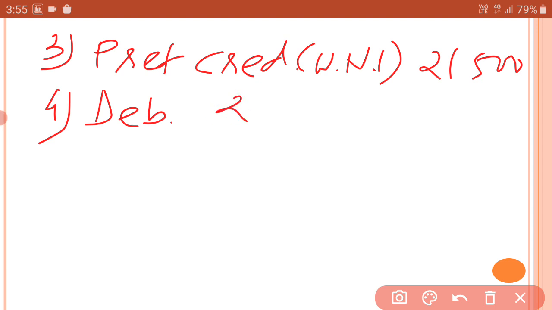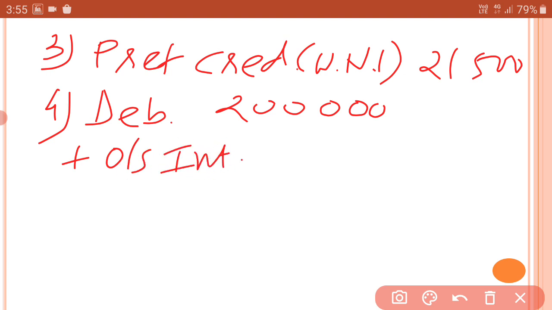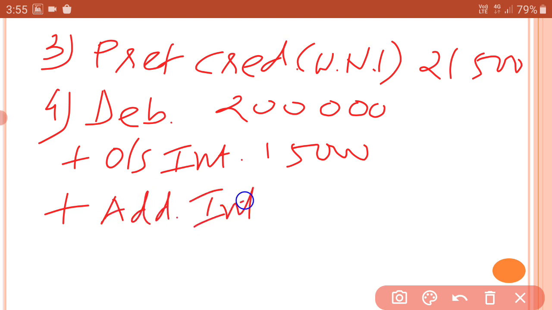We write in the bracket inner column 2 lakh plus outstanding interest as given in the question, 15,000, plus additional interest. In this question, in point number 4, all payments were made on 30th June and the liquidation was on 31st March.